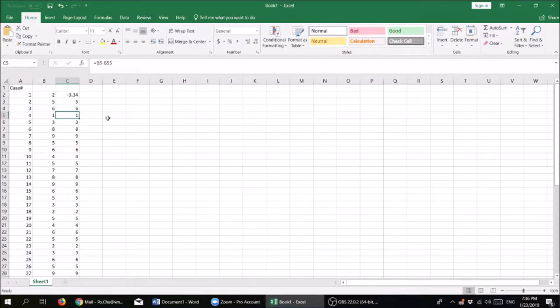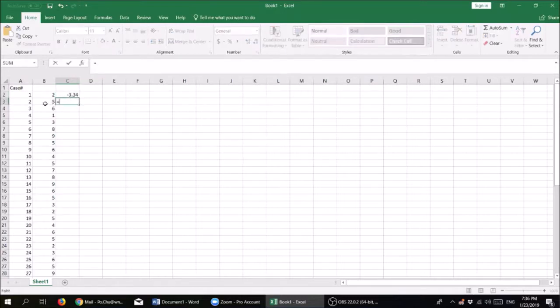And some other people, what they do is B2 minus B52, and then for this one they use this minus and then select this cell again. In other words, they do it one by one. I give you 50 cases. That will take you a while.